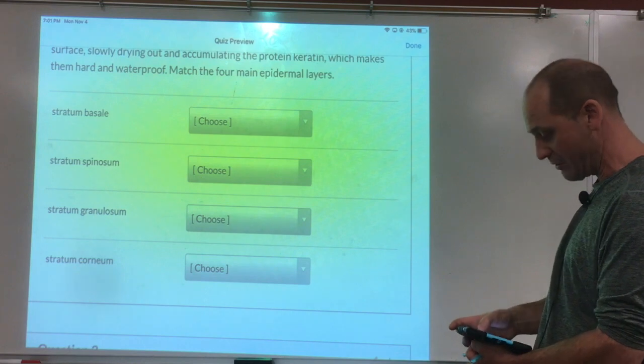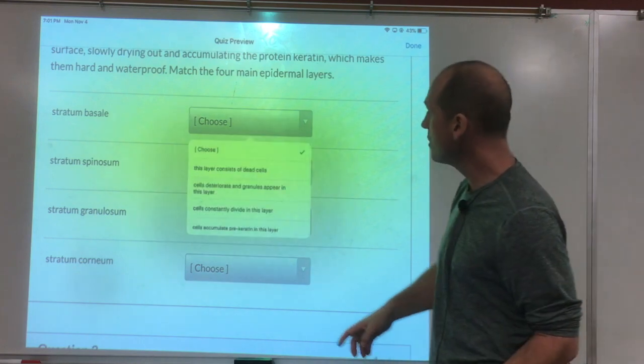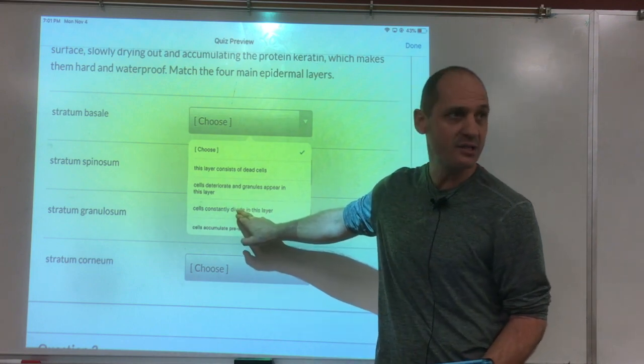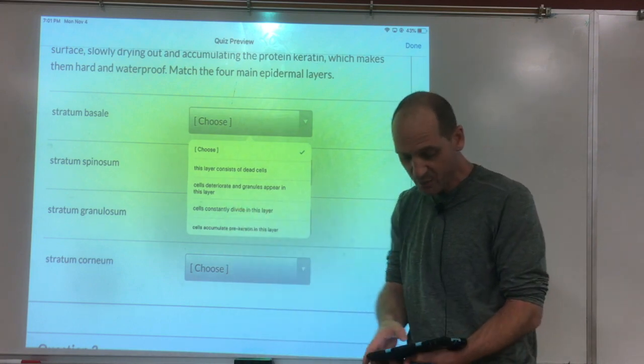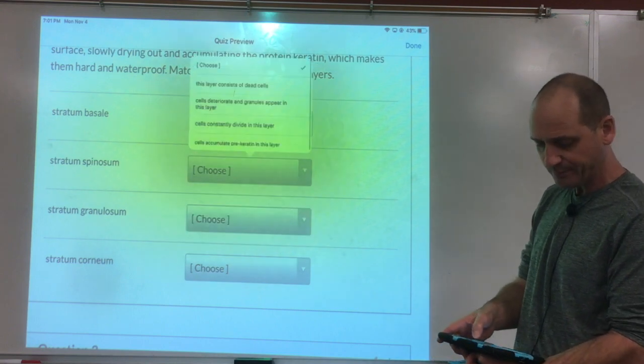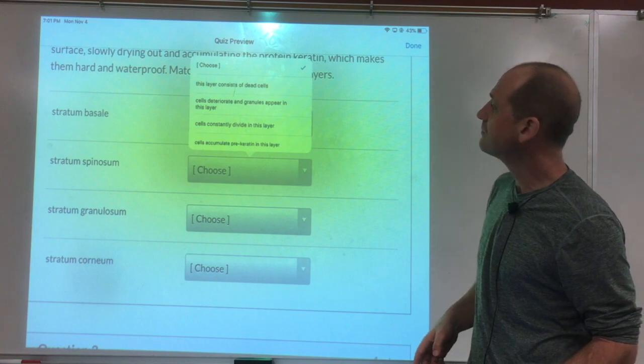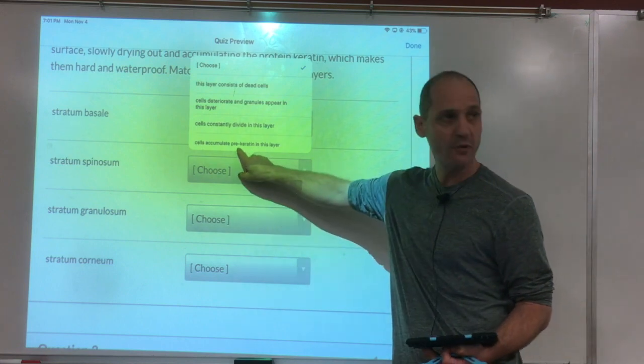Stratum basale. Cells constantly divide. So that's where the cells constantly divide. That's the basic. Basale is basic. There we go. And then the spinosum. Cells accumulate the pre-keratin, right?